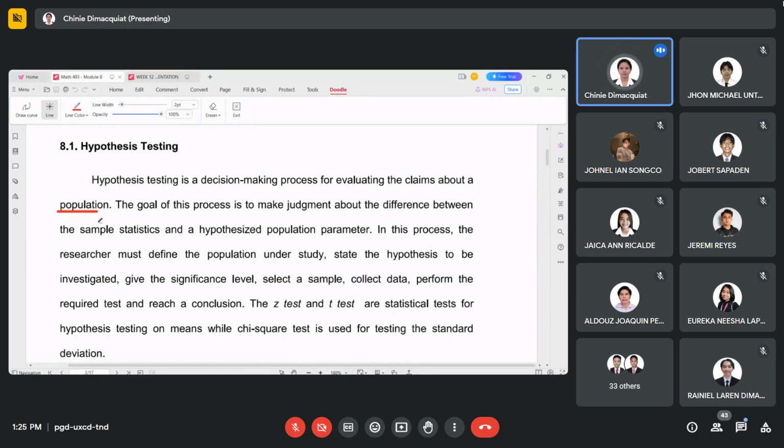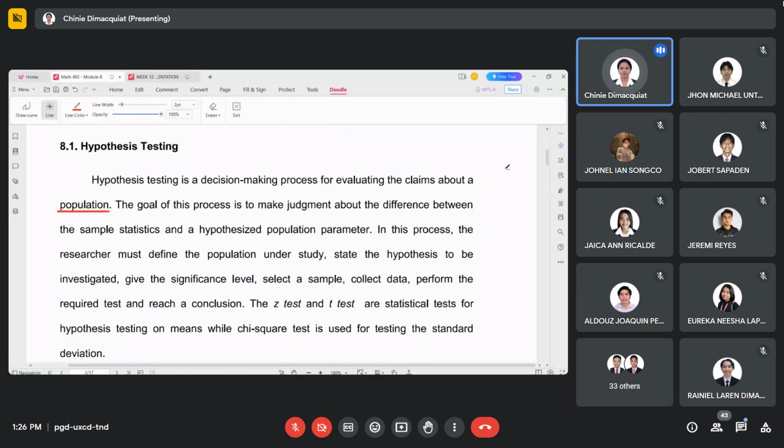So, the goal of this process is to make judgment about the difference between the sample statistics and a hypothesized population parameter. So, dahil nga hypothesis testing, ang magiging result natin, kumbaga, ay judgment or conclusion about dun sa tinetest natin.